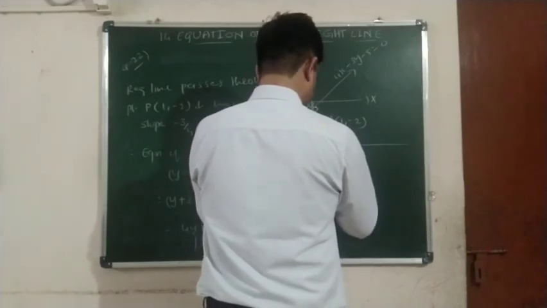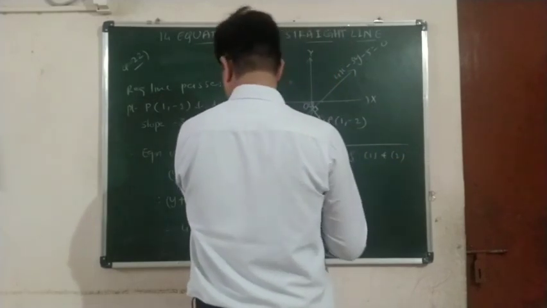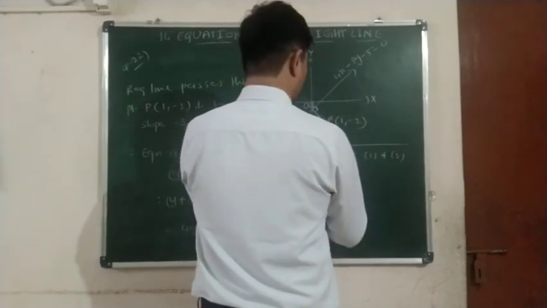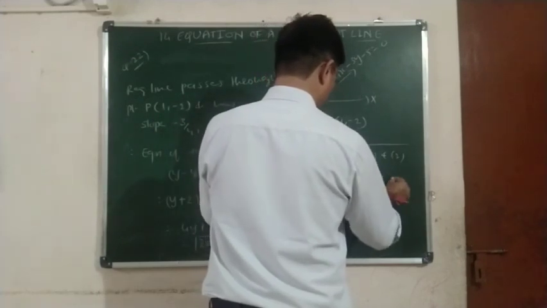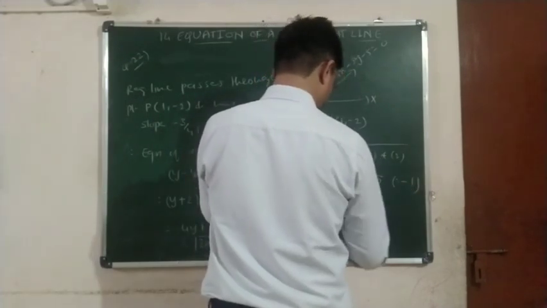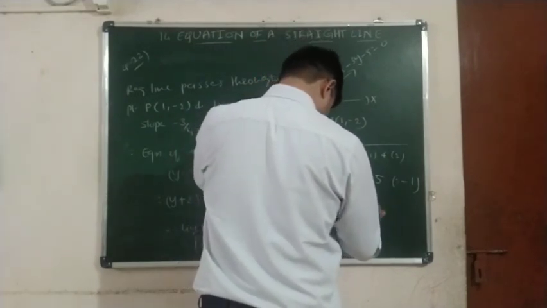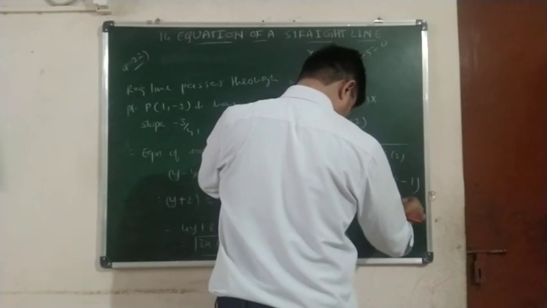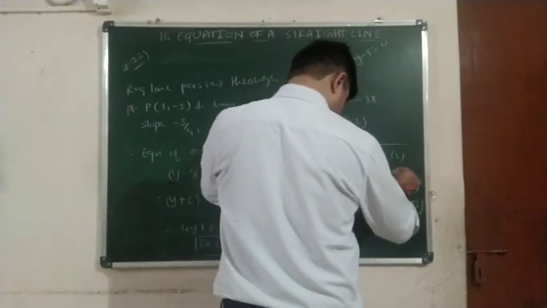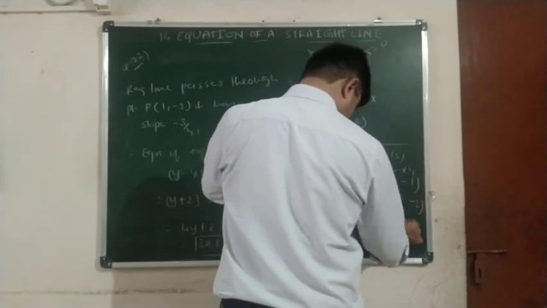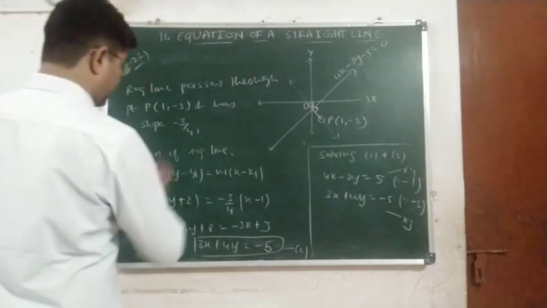Solving 1 and 2. Equation 1 is 4x - 3y = 5, and equation 2 is 3x + 4y = -5. We multiply the first equation by 4 and the second equation by 3 and solve.